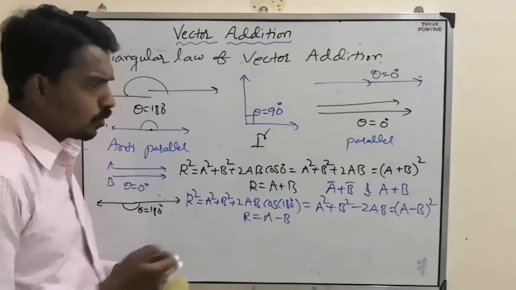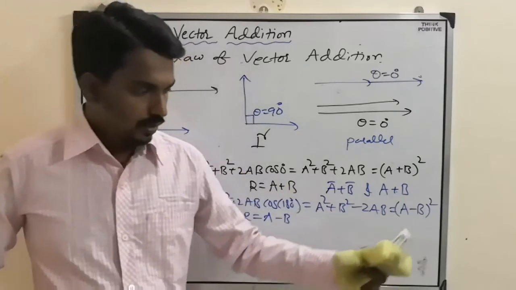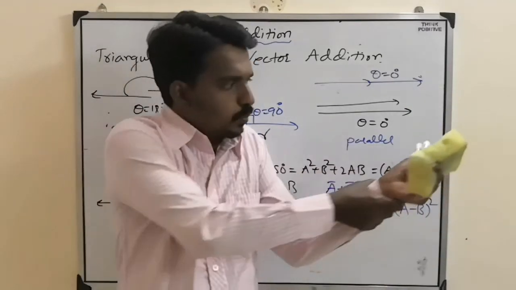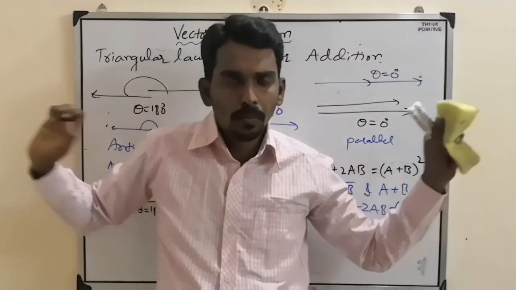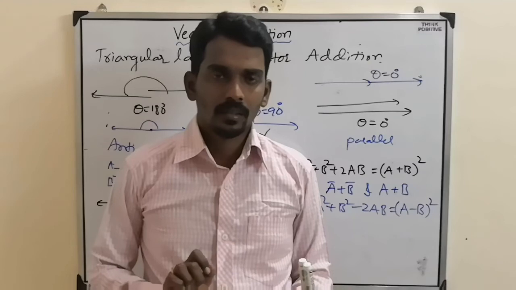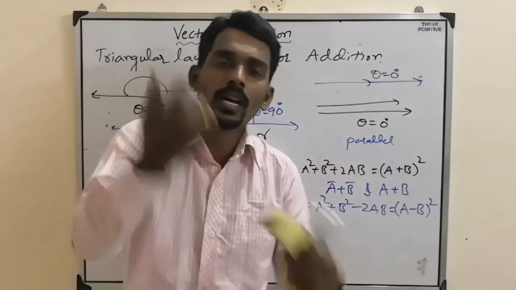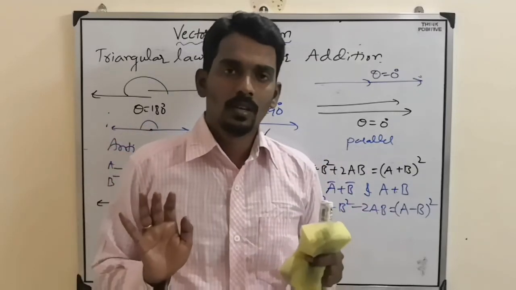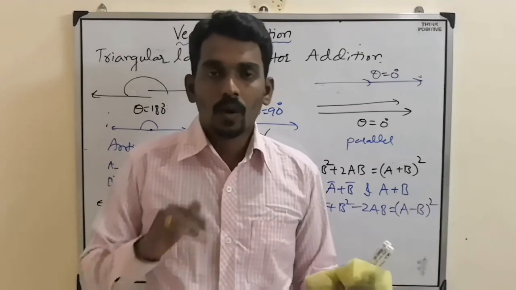Suppose there are two forces, 10 Newton and 10 Newton, acting on your body like this. You are stretching your hands both ways: one is pulling this side, another is pulling this side. Two people are pulling you with two equal forces, 10 Newton this side, 10 Newton this side. Then what happens to you? You remain there only. You won't move to any side, left or right. Why?